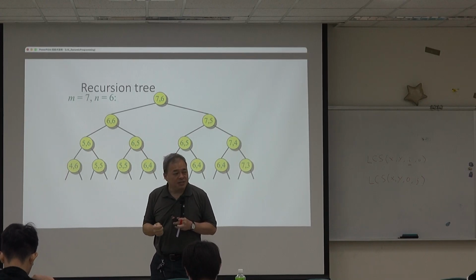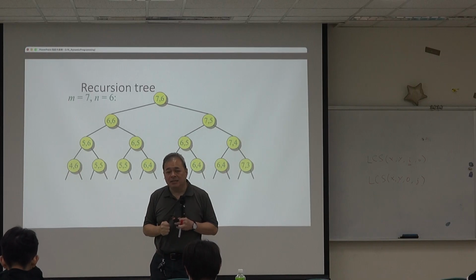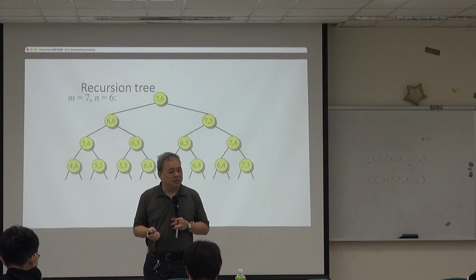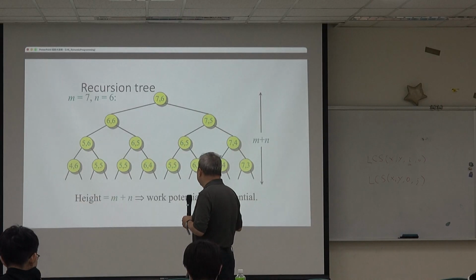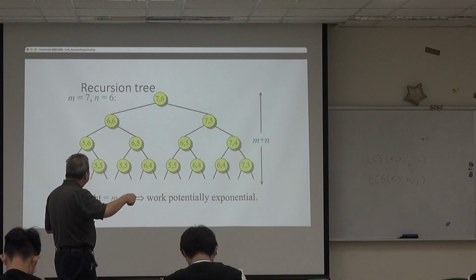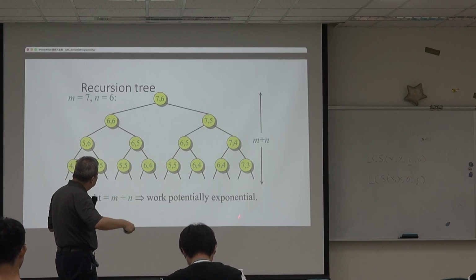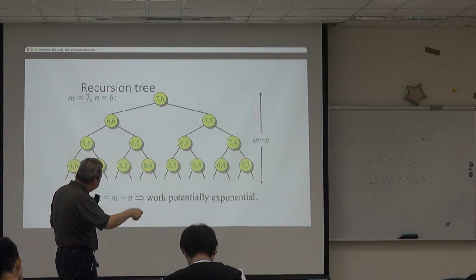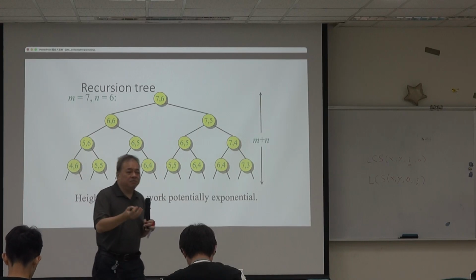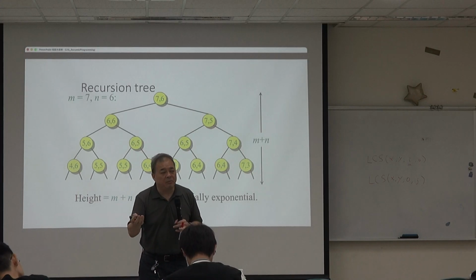So that's bad, right? If you keep going at this pace, what is the height of this tree? Every time we go down one level, either m decrements by 1 or n decrements by 1, right?